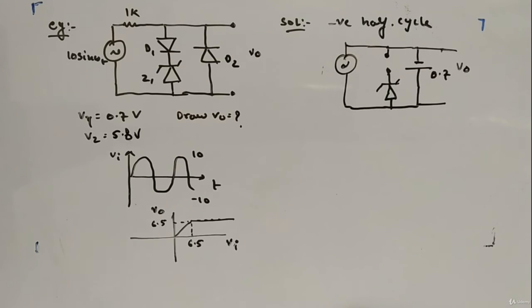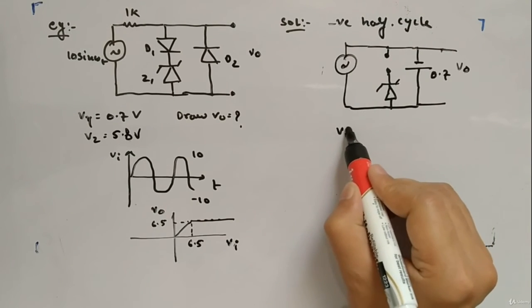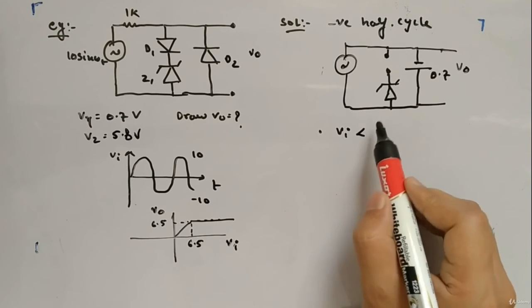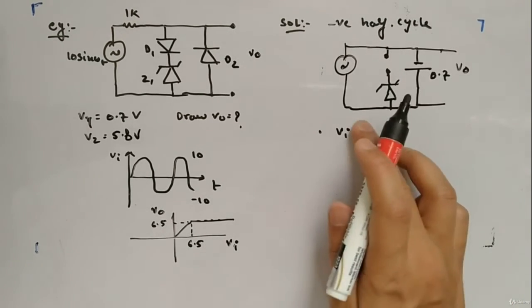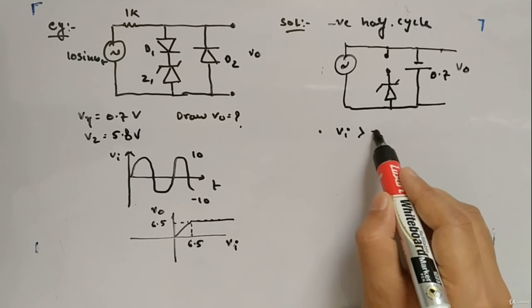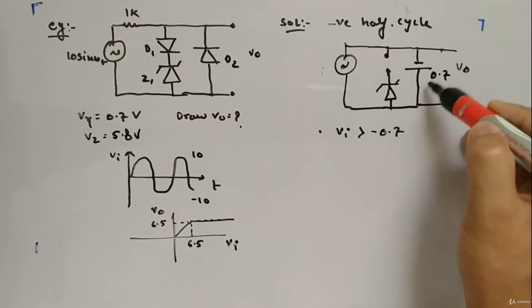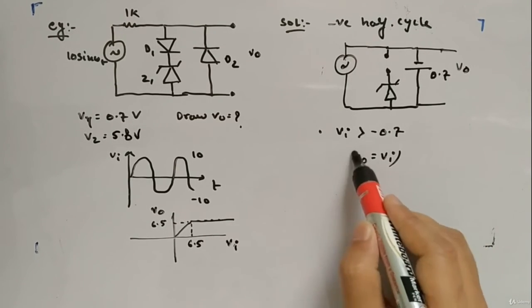So what you can say is, when Vi is greater than minus 0.7, this will not be on and V0 will be equal to Vi.